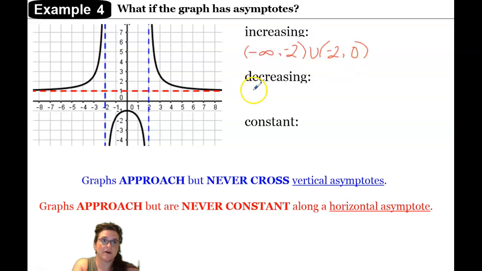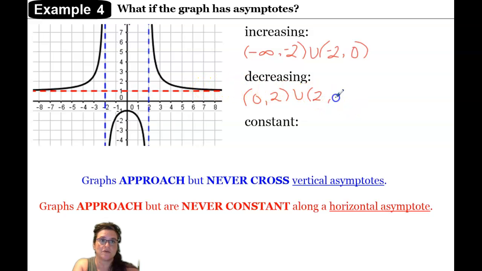Then at 0, it turns from increasing to decreasing and continues decreasing as it approaches this vertical asymptote at +2. Then we hop over the asymptote and it's still decreasing, but from up here at infinity in the y direction, it's decreasing now until positive infinity.